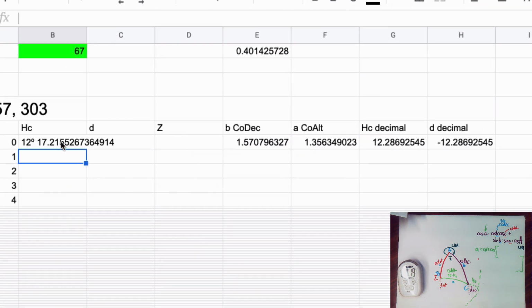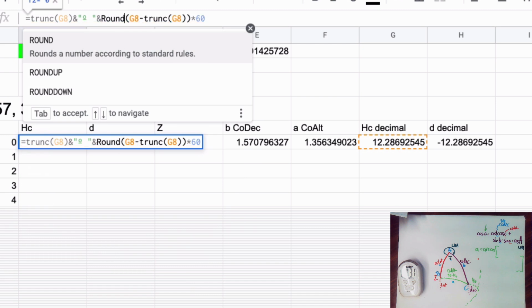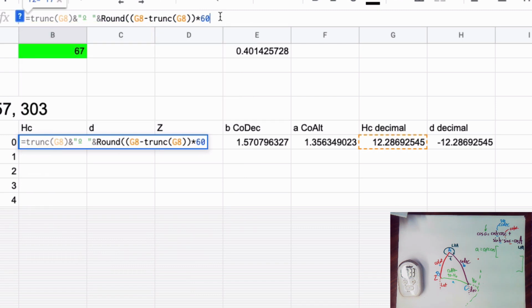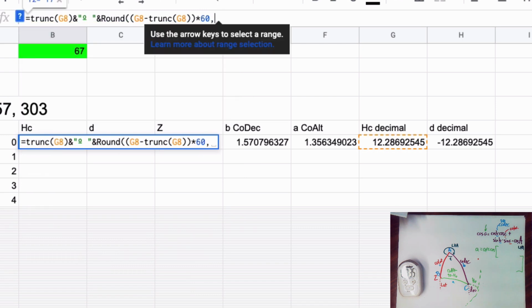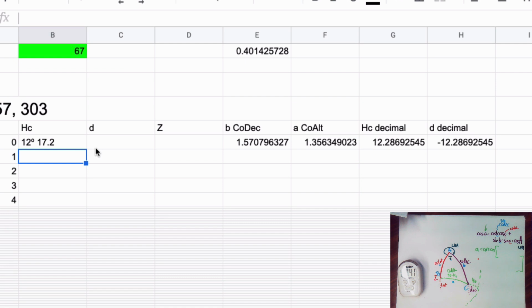But that's a horrible decimal, so I need to do some rounding. All right, so let's go back into that formula. And this minutes, let's do some rounding. So I'm going to round, and I want to round this to one decimal place. Okay, so that's looking pretty good.